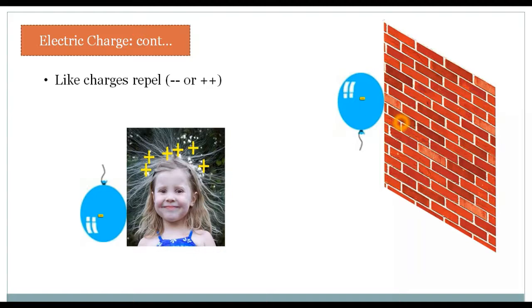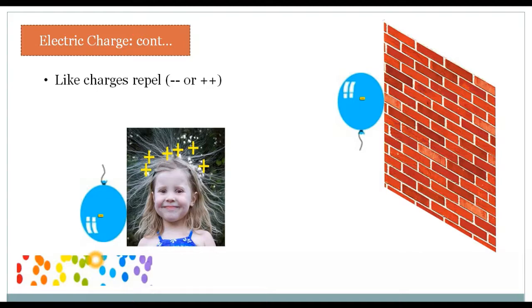Similarly, if you take the same balloon near small bits of paper, what happens? Paper will also stick to the balloon, right? Again, the bits of paper are not charged, they are neutral. So whenever a charged body like the balloon is brought near an uncharged body, here bits of paper, there is some sort of attraction.